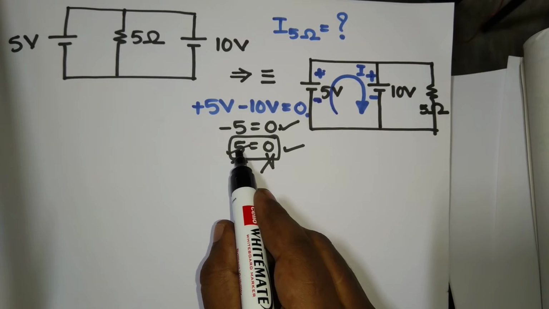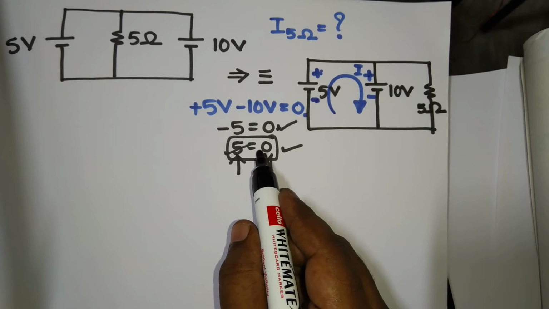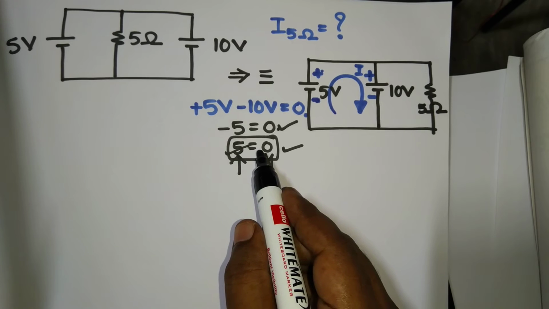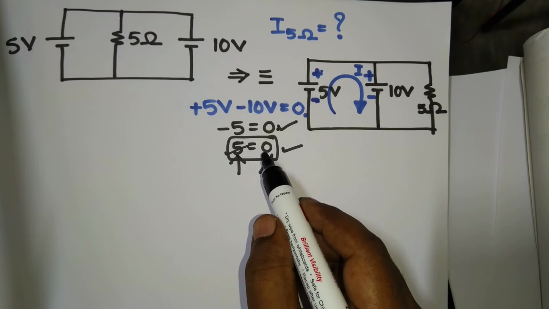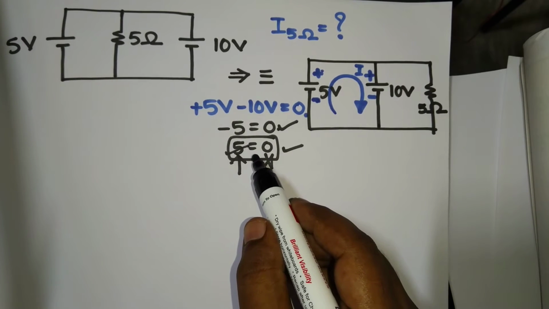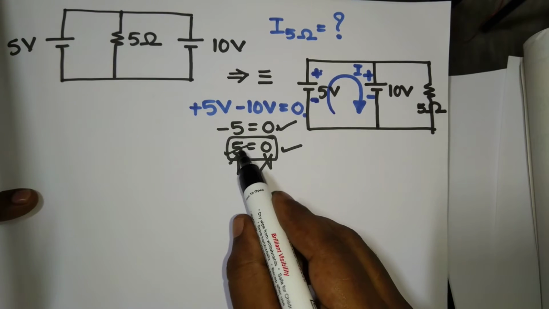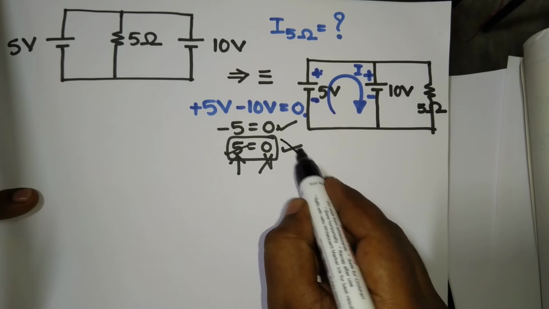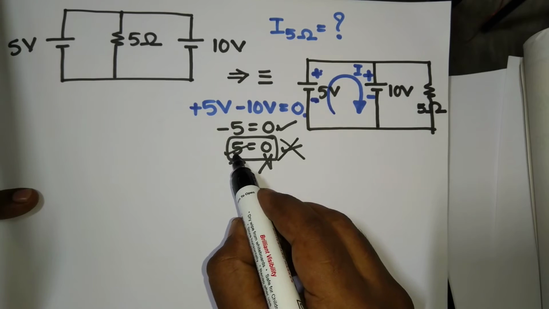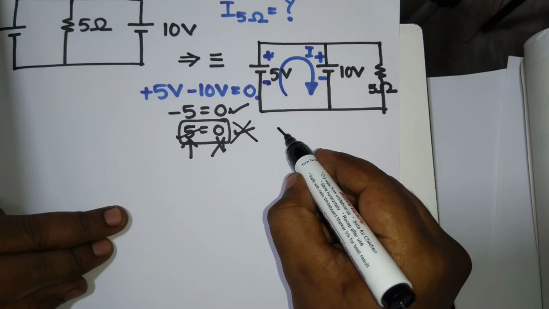That electrical energy got converted to heat energy, and some other part of energy quantities, whatever. Conservation of energy must get satisfied everywhere. But if you forget about heat energy and this electrical energy, 5 equal to 0 is highly impossible, right? Someone is giving something, no one is taking that. Finally what happens? Violation of KVL.